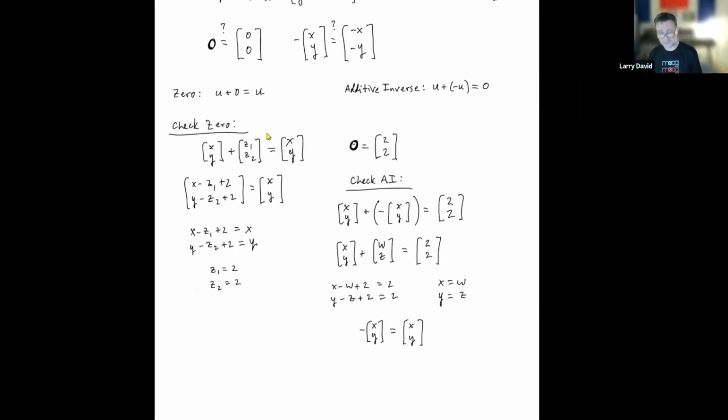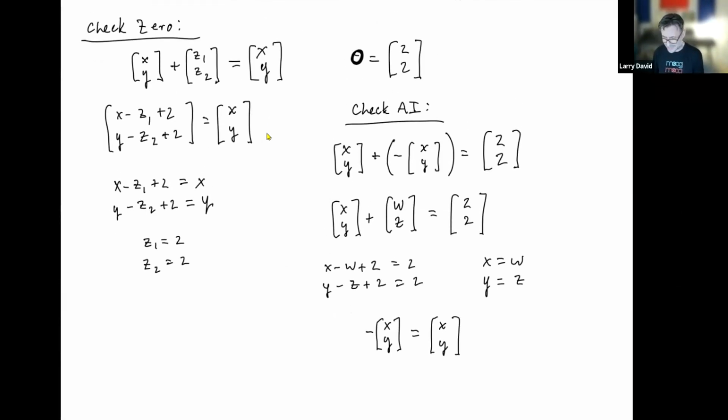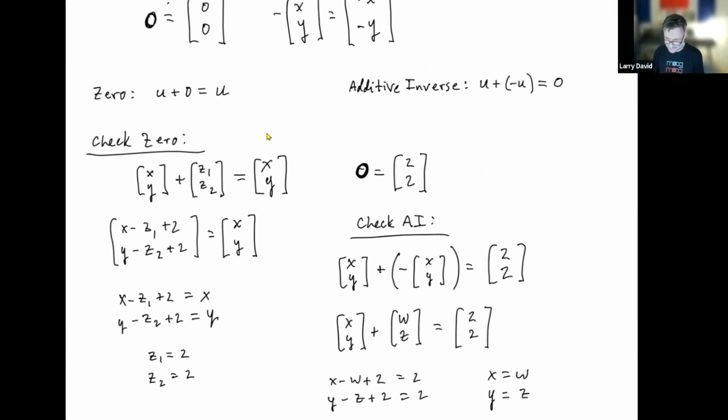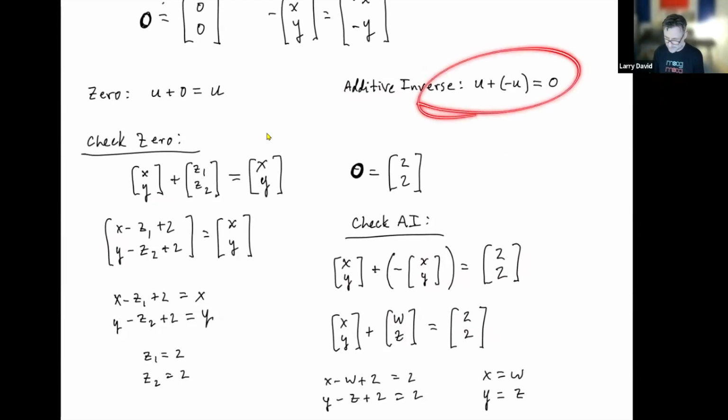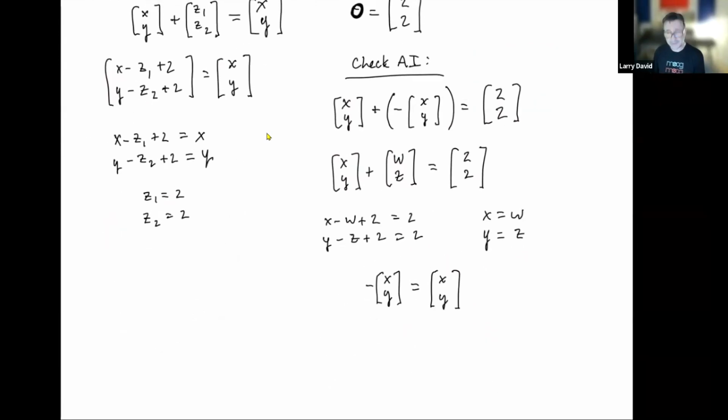So that's unusual, unexpected perhaps. Okay, so the additive inverse axiom is indeed satisfied, and the vector that satisfies it is xy. In other words, every vector is its own additive inverse, or is the additive inverse of itself.